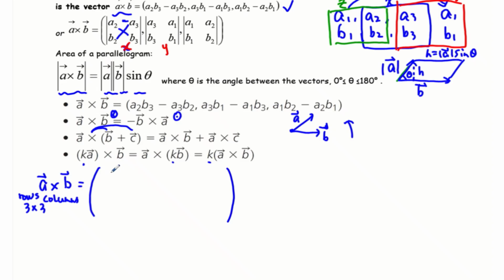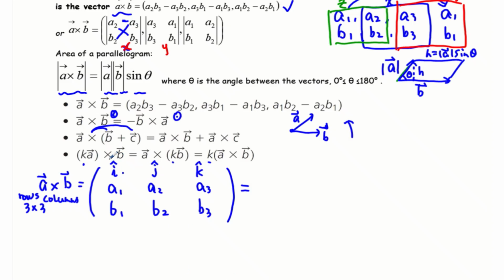So in this one, we put the standard unit vectors i, j, k here. For the first row, we write A1, A2, A3 for the x, y, z directions, and for B it is B1, B2, B3. And for the cross product, the i direction will be just this part.